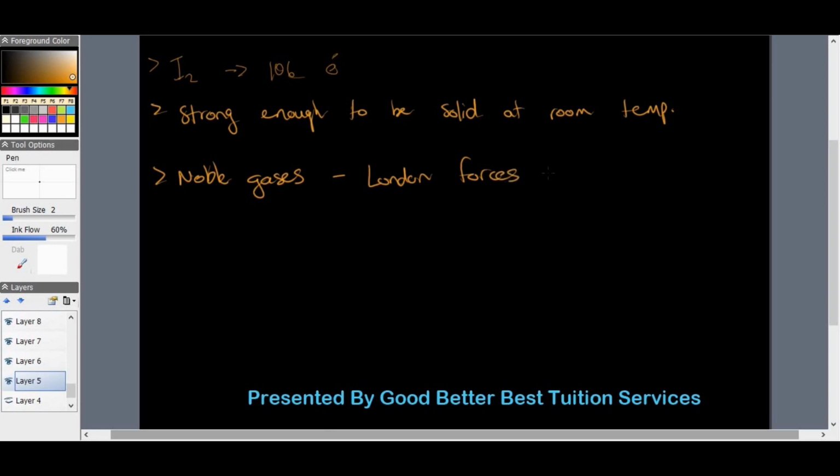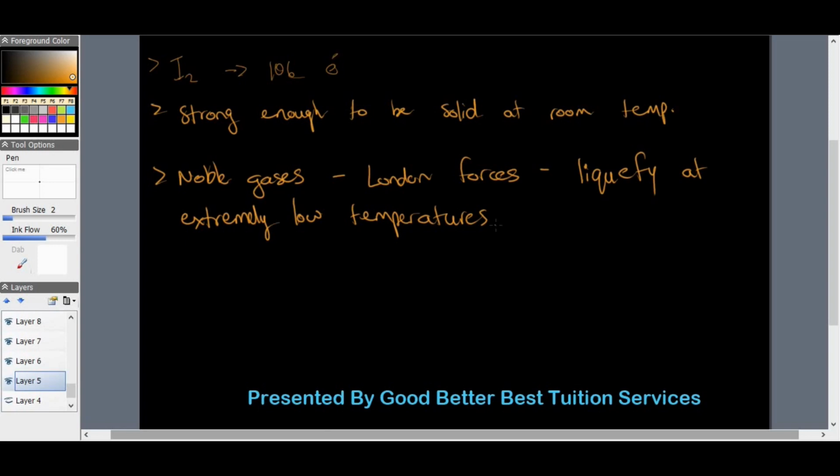And they will only liquefy, and keep in mind, I only knew how to spell this word very recently, like a couple of months ago, at extremely low temperatures. Only at extremely low temperatures will London forces between these noble gases turn them liquid. Otherwise, they will remain gas.